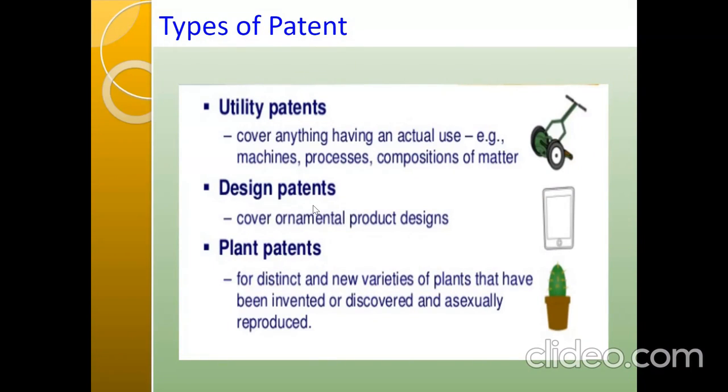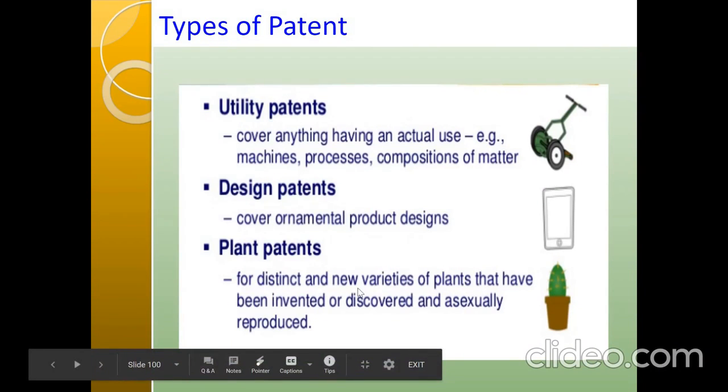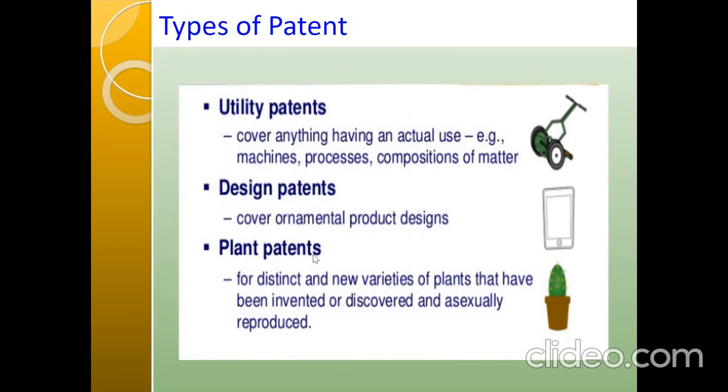Second one, design patents. They cover ornamental product designs. Third, plant patents for distinct and new varieties of plants that have been invented or discovered and asexually reproduced. So these are the three types of patent: utility patents, design patents and plant patents. Utility patents cover anything having an actual use.